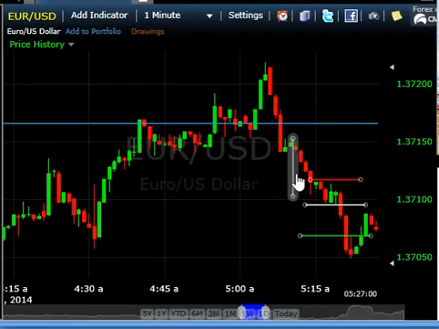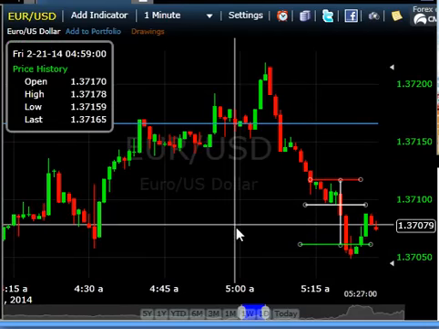So let's just do that again one more time. The full length of this move from here to the bottom of the flag, and then we subtract that from the top of the flag. And there, that would have actually been our target.